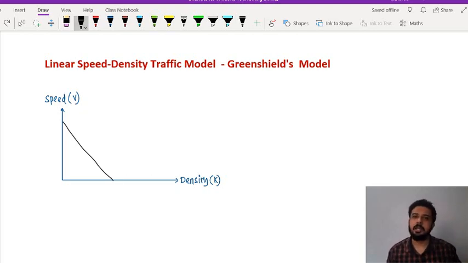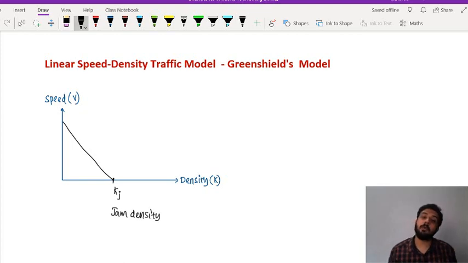So what he told, we have already discussed two terms in the previous video, correct? This is nothing but your maximum density. We can call it jam density. We are representing it as Kj, nothing but jam density.